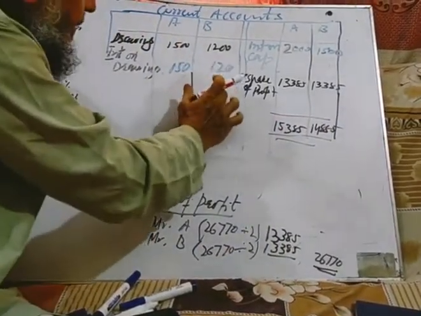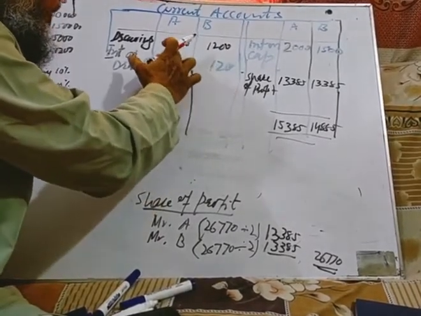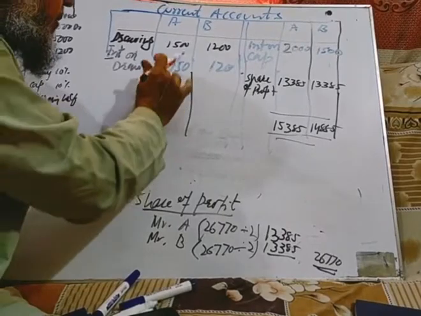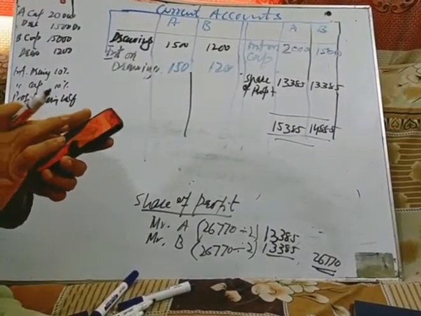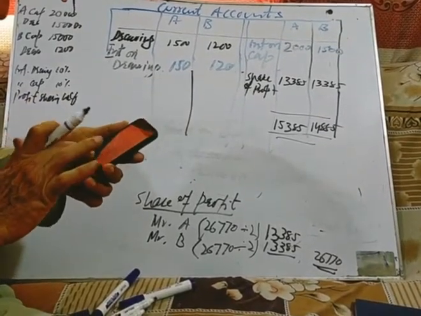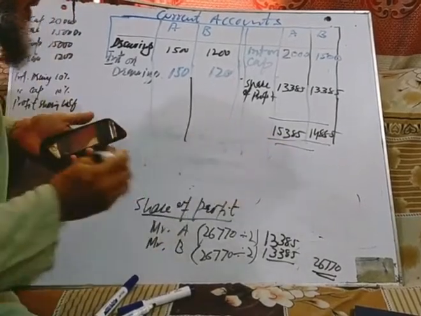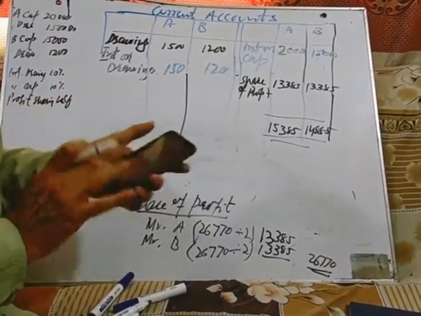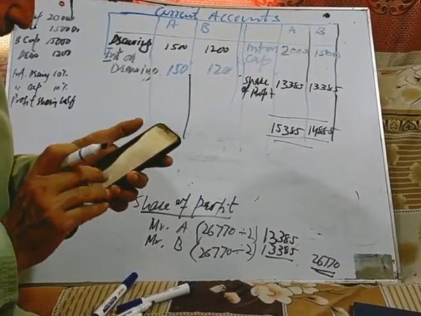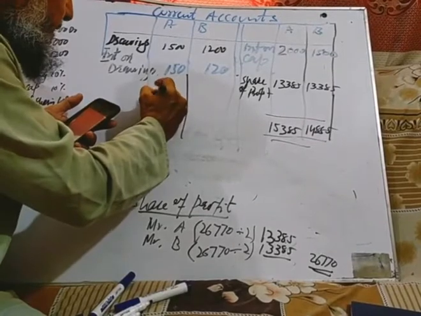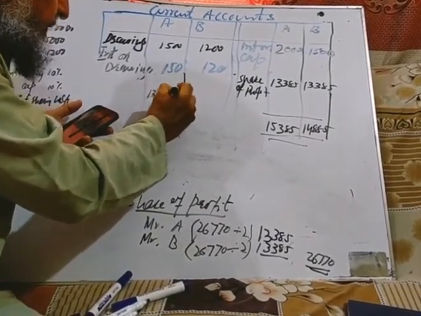And here you have only 1,200, 120, 1,500, 150. So this is altogether 1,650. This is our heavy side, so if you deduct from 15,385, this is your balance for A, 13,735.